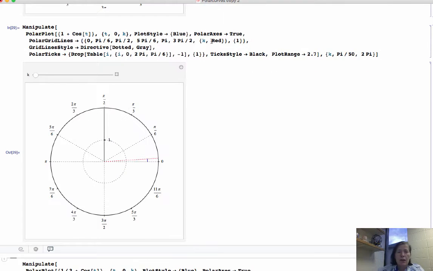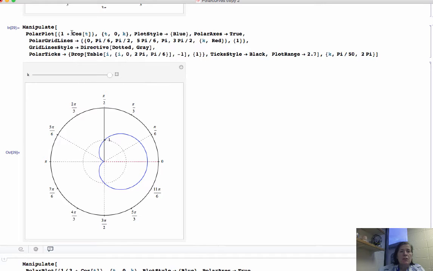Now we had our cardioid in class, r equals 1 plus cosine theta, and it's this heart-shaped graph, and as theta swings around from 0 to pi, the value of r gradually decreases from 2 to 0, and then as it swings around from pi to 2 pi, the value of r increases again.